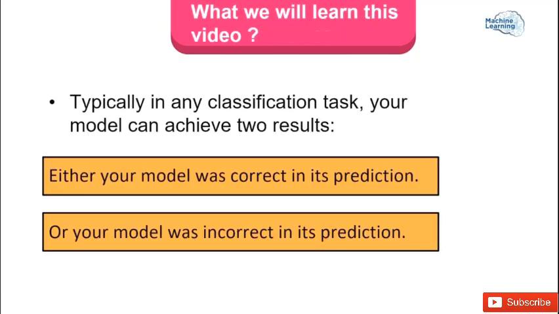Typically in any classification task, your model can achieve two results. Either your model was correct in its prediction or your model was incorrect in its prediction. And pretty much all classification metrics originate with this idea.